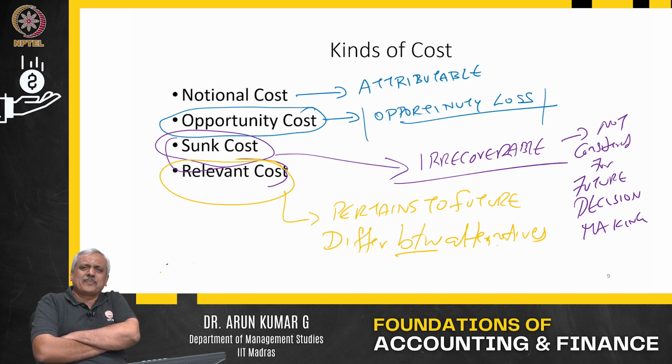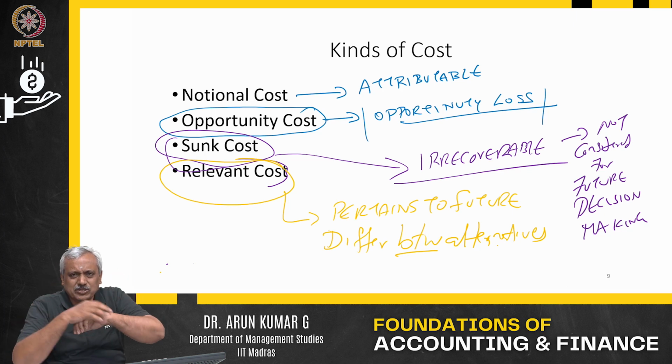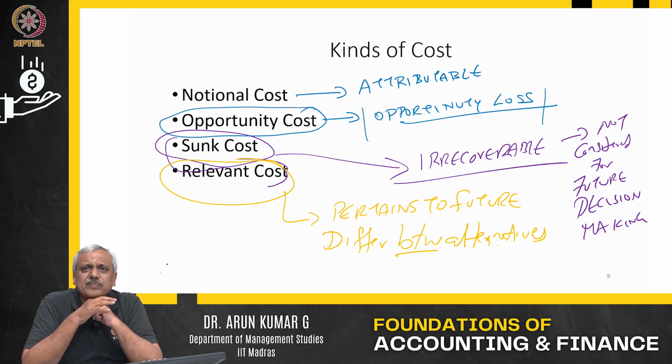Now, let us build an example. Imagine you are pursuing your post graduation at some institution, and you have spent one semester already, paying a fee of about 5 lakhs for that semester.